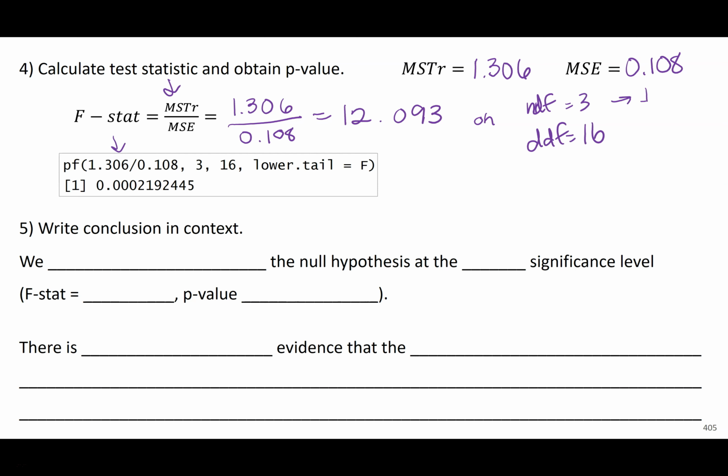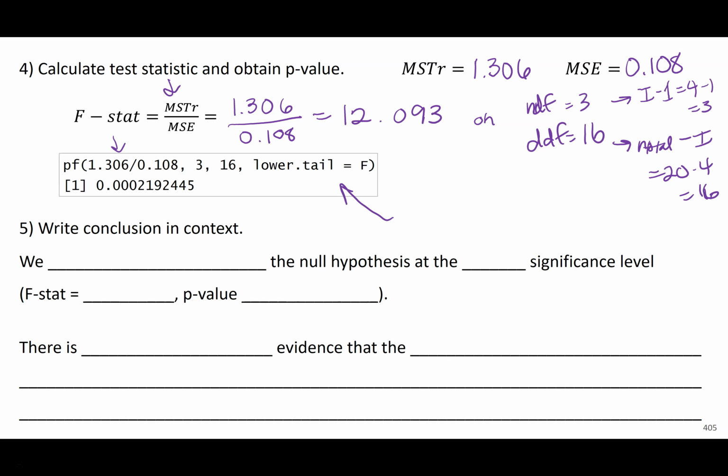So this is number of groups minus 1, so that's 4 minus 1 is 3. This is n total, so there were 20 total observations minus number of groups, and that's going to be 20 minus 4 is 16. That's where those numbers come from. So throw it into R.